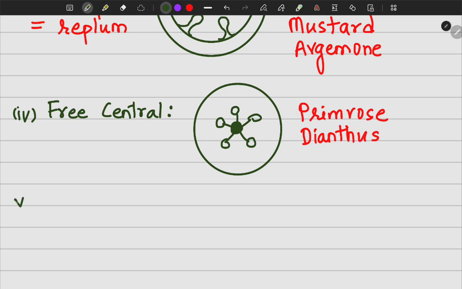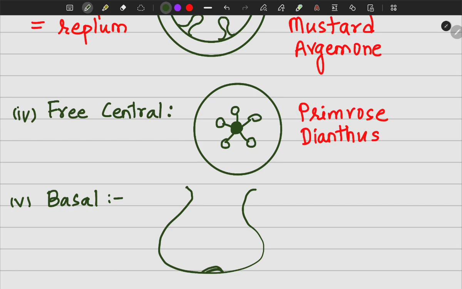Then the last type is called basal placentation. What happens in basal placentation? Suppose this is the ovary, then at the base of the ovary, placenta is found, and attached to the placenta is generally one ovule.